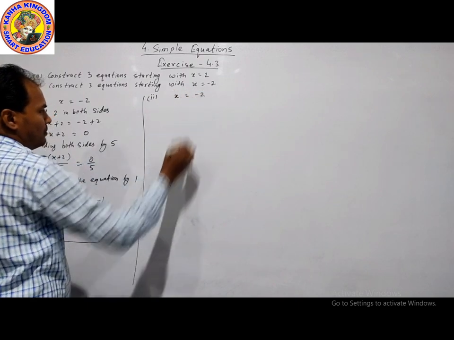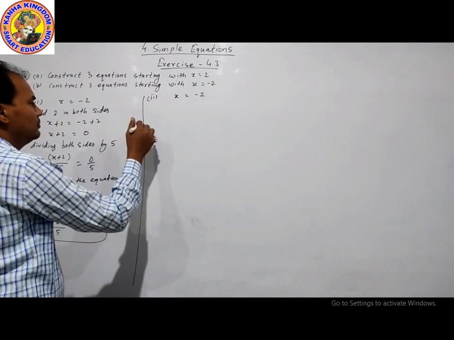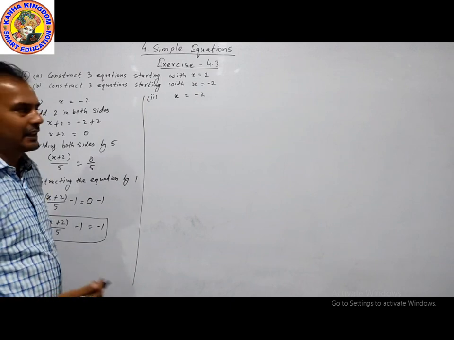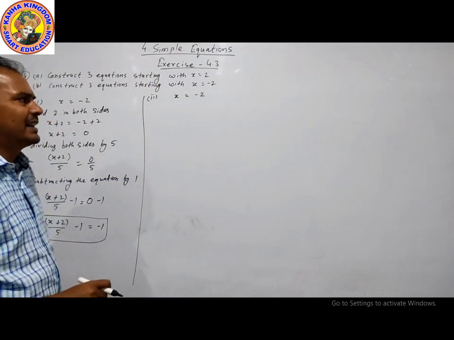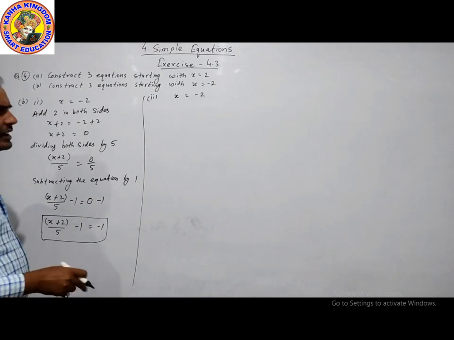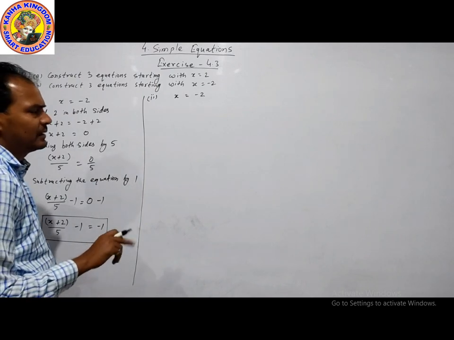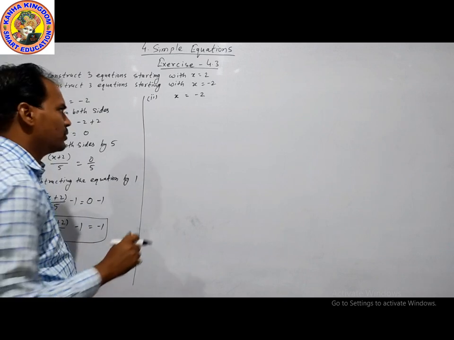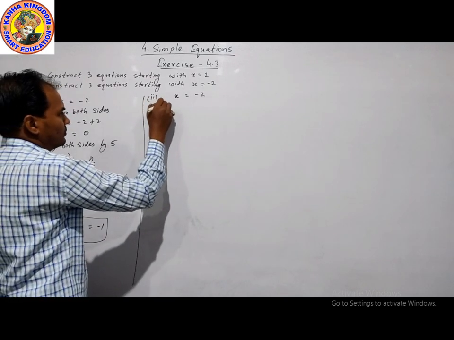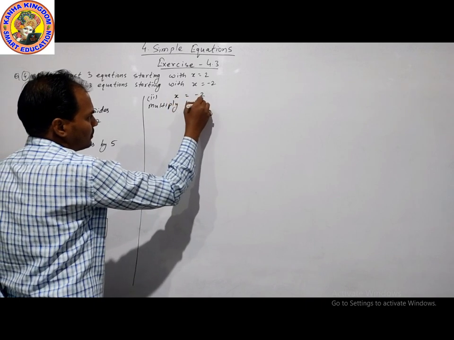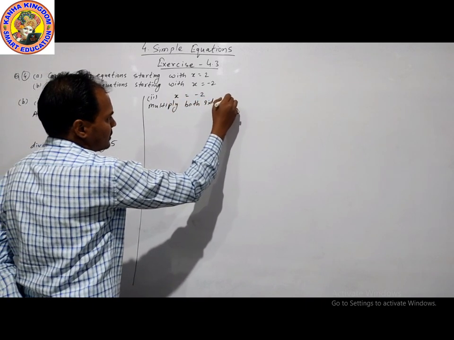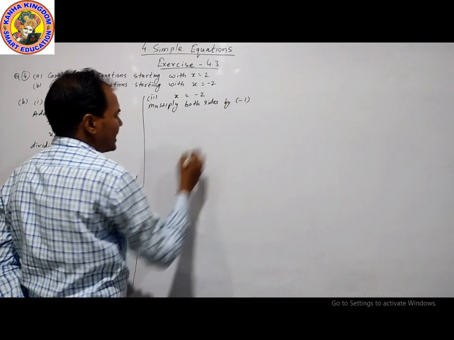x is equal to minus 2. First operation, we will take multiply, and target is how to remove the minus sign. We will multiply by a minus, then minus sign will be removed. Multiply both sides by minus 1.